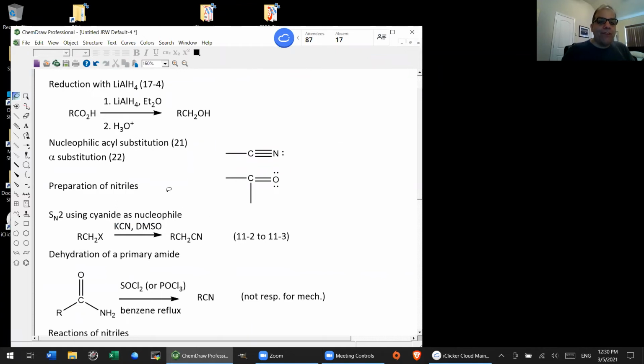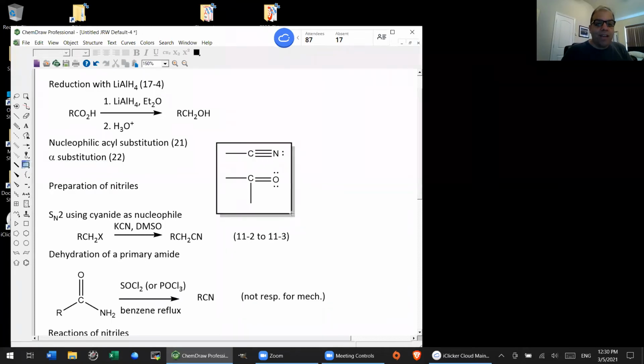Before we get into both preparation of nitriles and reactions of nitriles, one thing I do want to point out that maybe isn't intuitively obvious until you put them side by side is that nitriles and carbonyl compounds are quite similar in terms of reactivity.